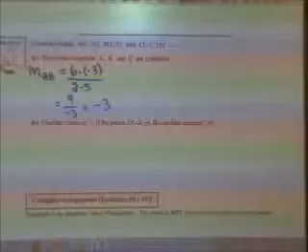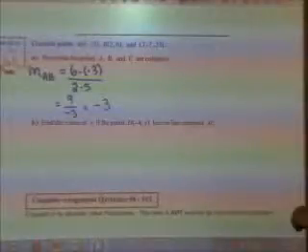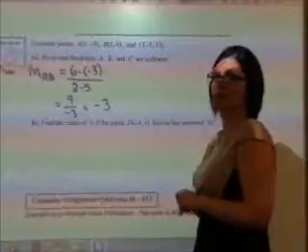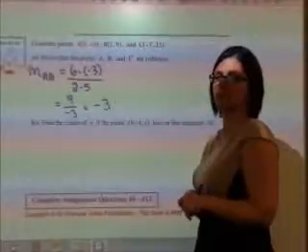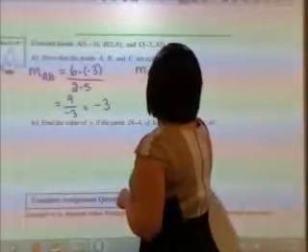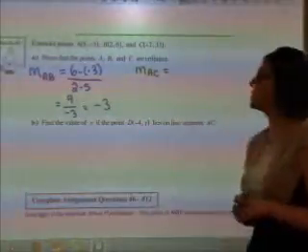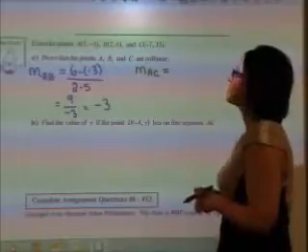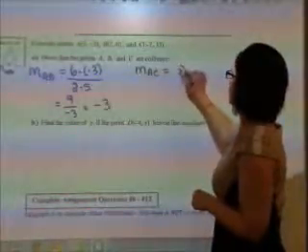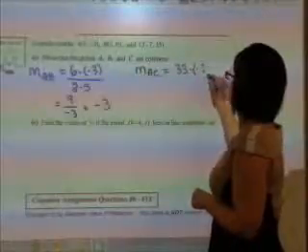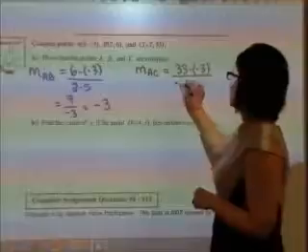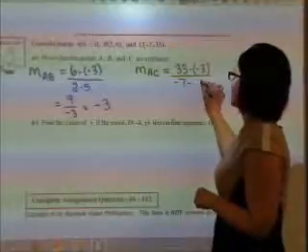Then I can pick 2 other points that are on that line and find the slope between those 2 points. So what 2 other points do you want to find the slope of? AC or BC? AC? So how would I find the slope of AC? 33 minus -3, divided by? -7 minus 5.